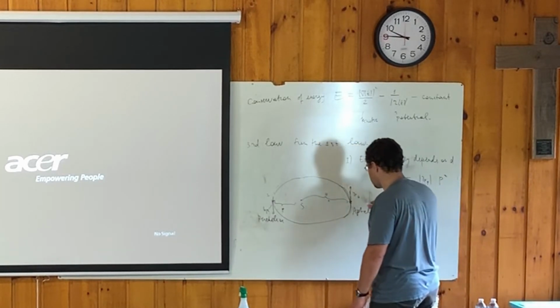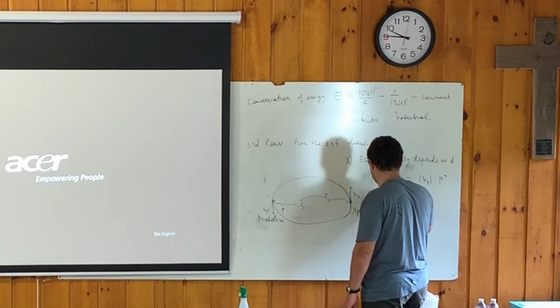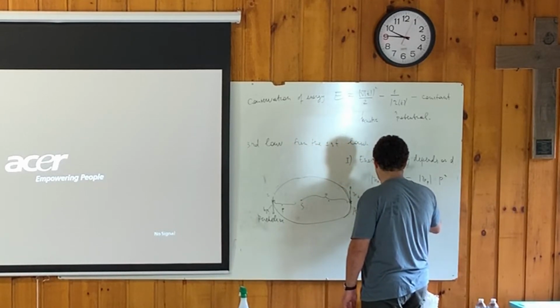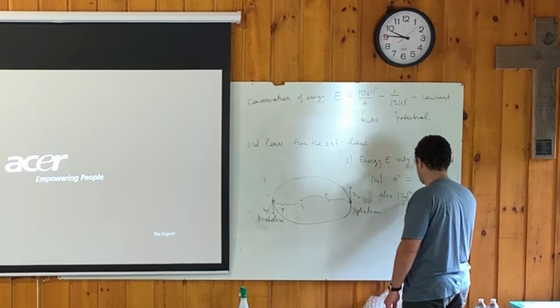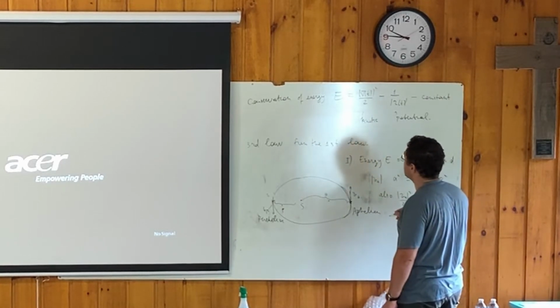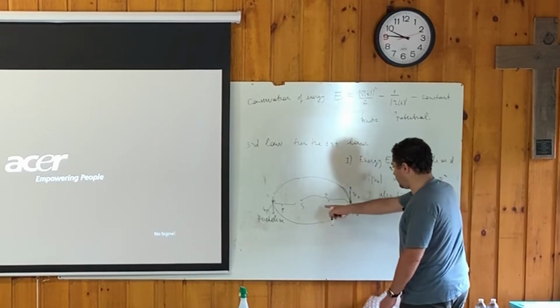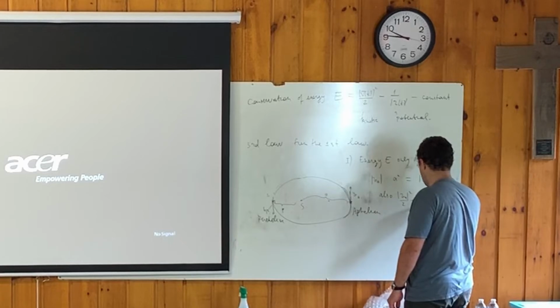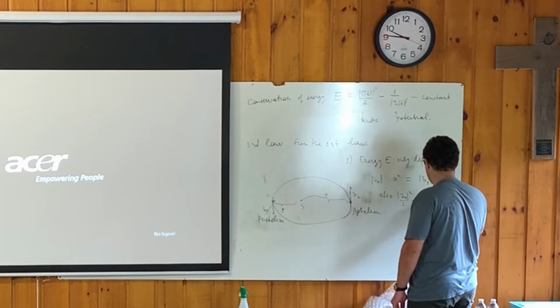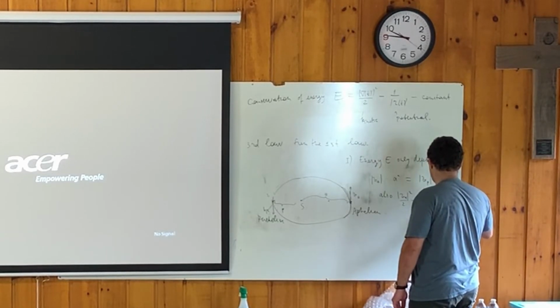Plus we have the conservation of energy: VA squared over 2 minus 1 over A is equal to VP squared over 2 minus 1 over P.